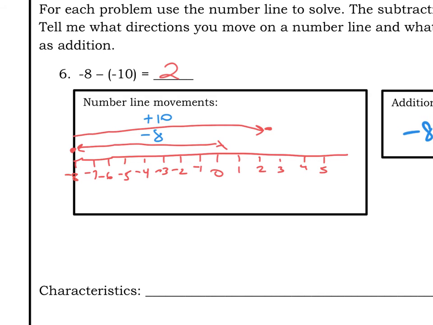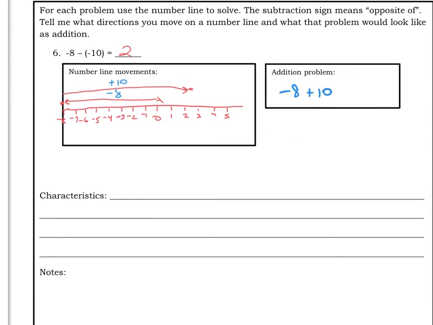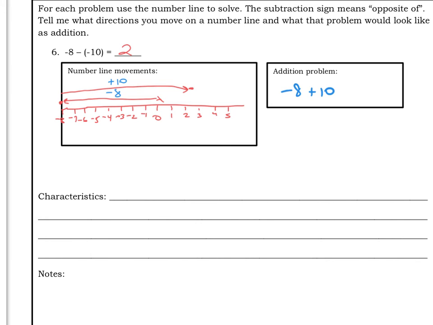So think of it as taking away debt, and because you're taking away more debt than what you currently have, you end up with extra money. So think of it that way. Now, overall characteristics of changing to addition, okay?